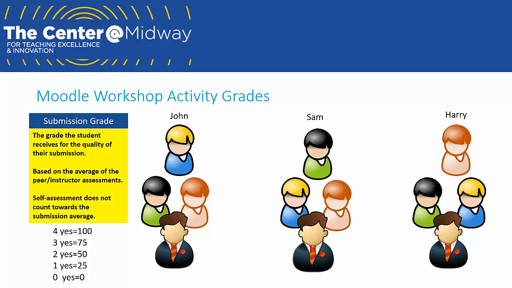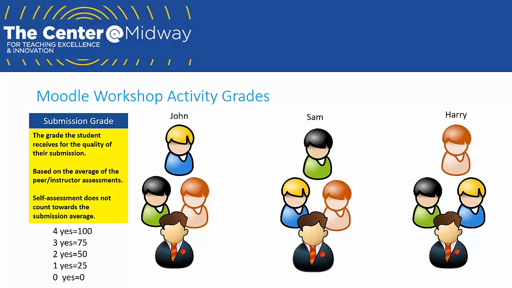So let's suppose that it is a number of errors assessment, and if the submission gets 4 yeses, and what that means is an answer like yes, there are no grammatical errors. Yes, there are no spelling errors. Yes, it has the proper number of sources, that sort of thing.